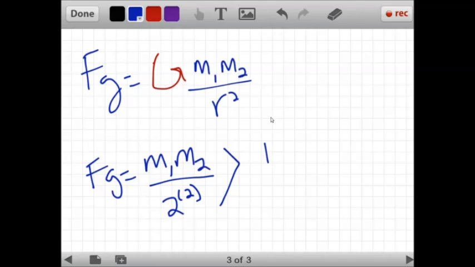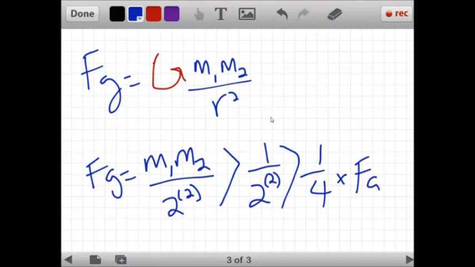It would be 1 over 2 squared. That is 1 over 4. So if I double the radius, or the distance between two objects, the force of gravity is changed by 1/4. It gets 1/4 as big as it was previously.